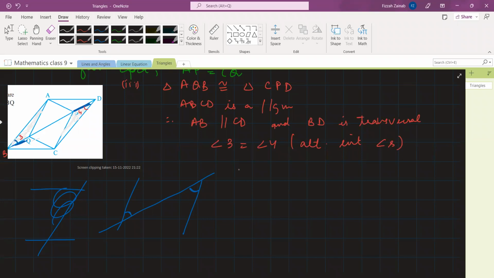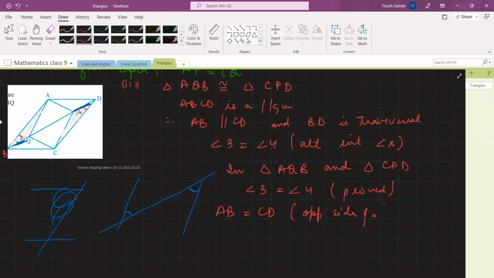Now you look at the two triangles. In triangle AQB and triangle CPD, there are three things. First, you have one angle. Angle 3 is equal to angle 4, which you have proved. Then you can say AB is equal to CD, opposite sides of a parallelogram are equal.